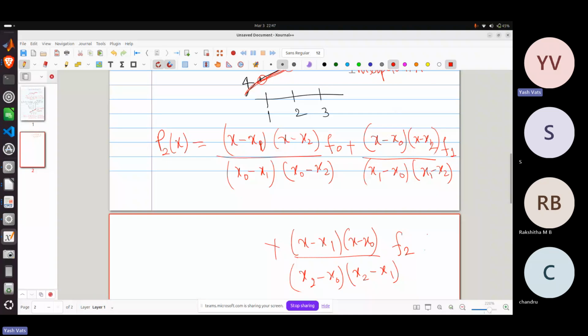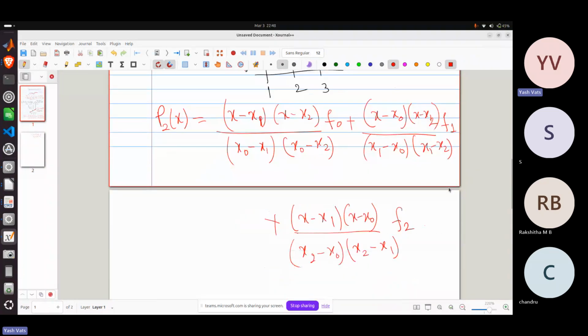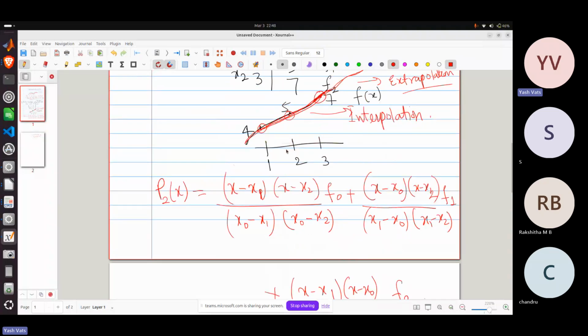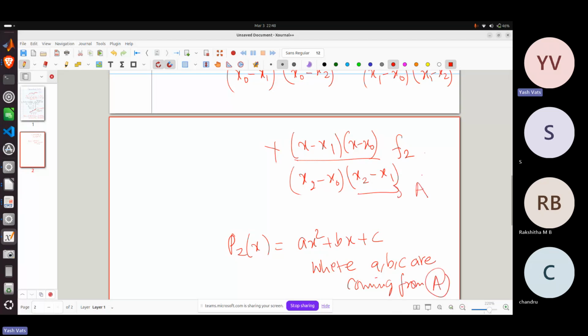So you just substitute these values over here of f naught, f1 and f2, like 4, 5 and 7. So in place of this, just substitute that, and you will get an expression of p2(x) of this form, which is ax squared plus bx plus c, where a, b, c are coming from equation a.